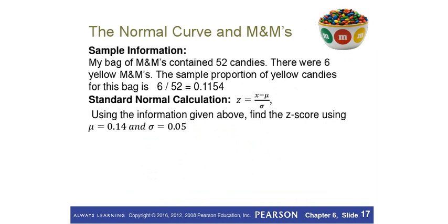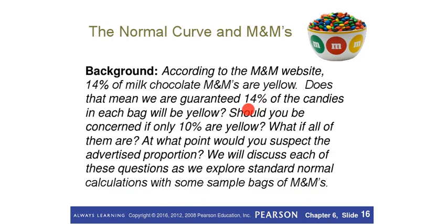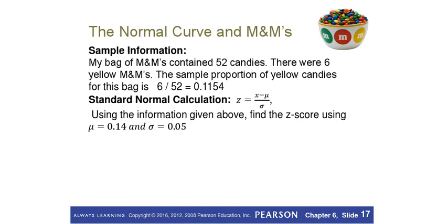So the sample proportion of the yellow candies for this bag is 6 divided by 52, which is 0.1154. According to the site, 14% of our M&Ms should be yellow.